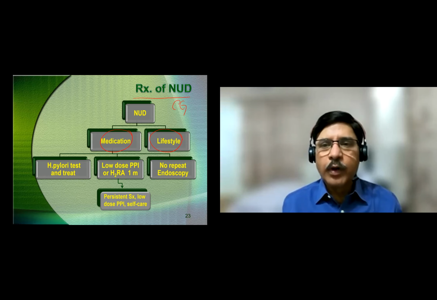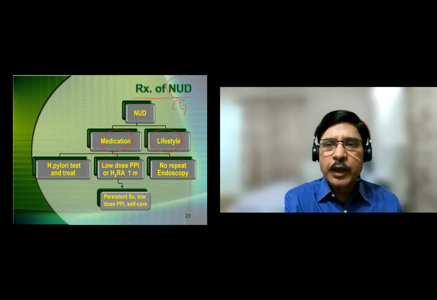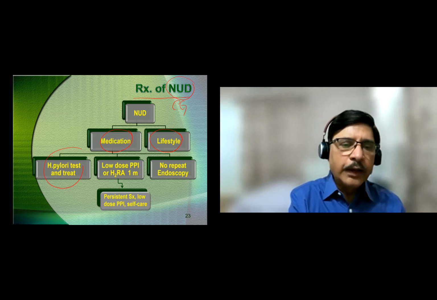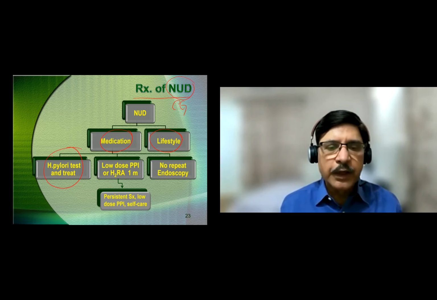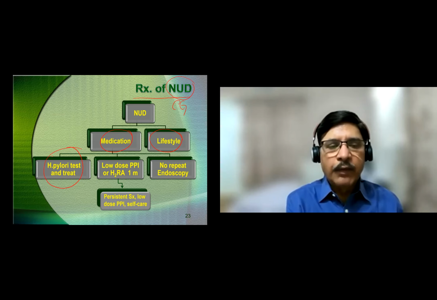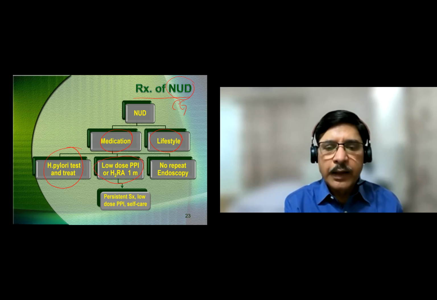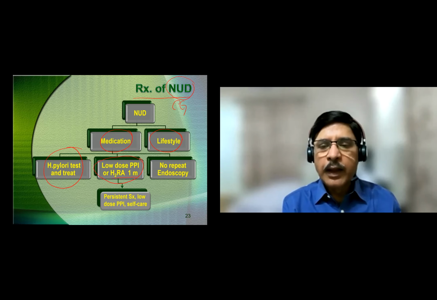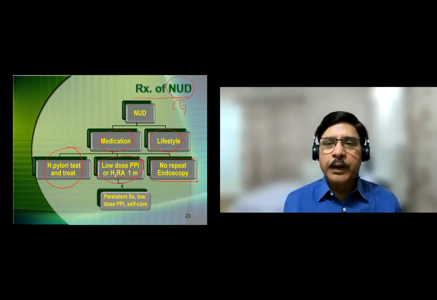Then what do I do? Non-ulcer dyspepsia can be due to H. pylori. I test the patient and treat the H. pylori. And after the treatment of H. pylori, which I will discuss in the next few slides, low dose PPI, that is half dose PPI or H2RA for 1 more month, and no repeat endoscopy because non-ulcer dyspepsia can never turn malignant.